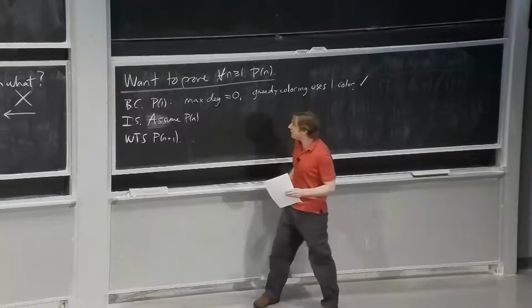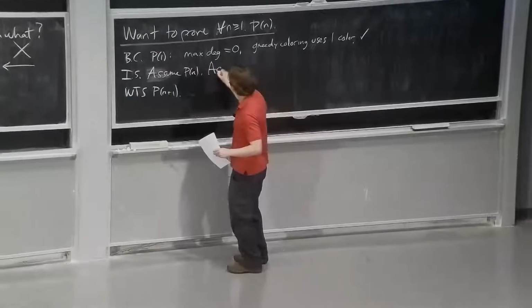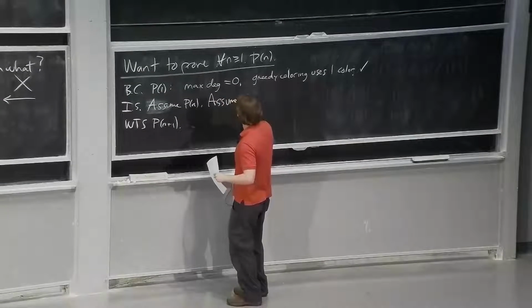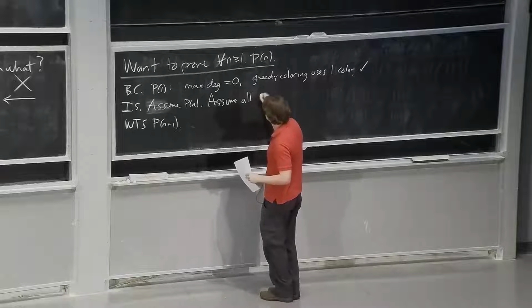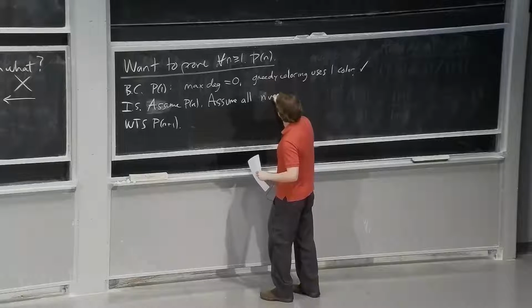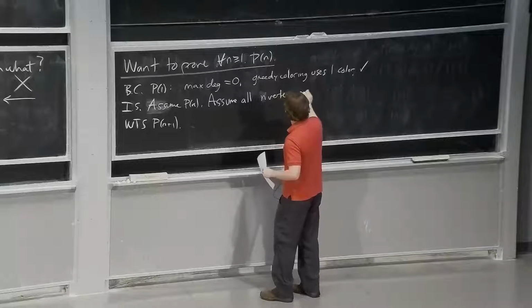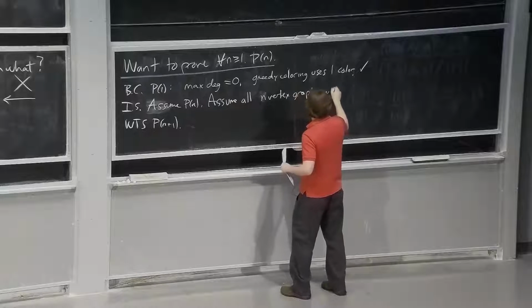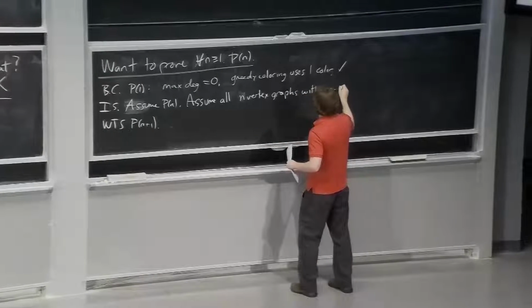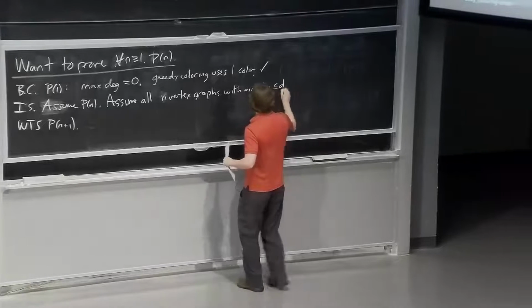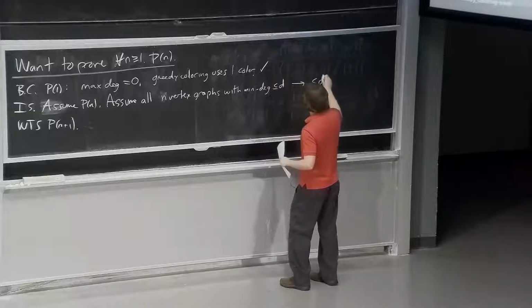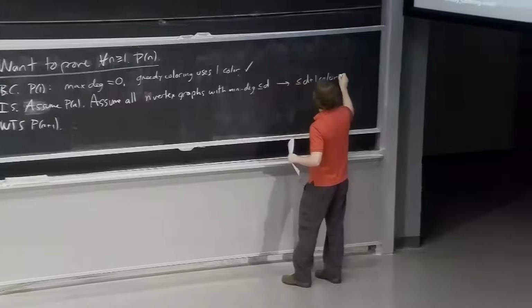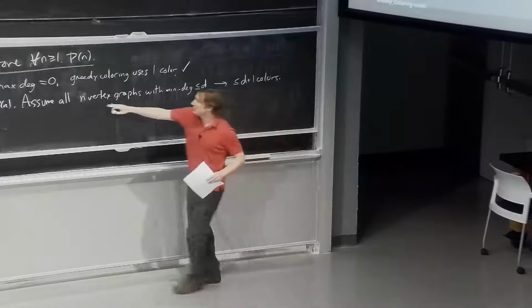So let's do that now. We're assuming P of n. In other words, we're assuming all n vertex graphs with max degree at most d produce at most d plus 1 colors. Right? That's P of n.